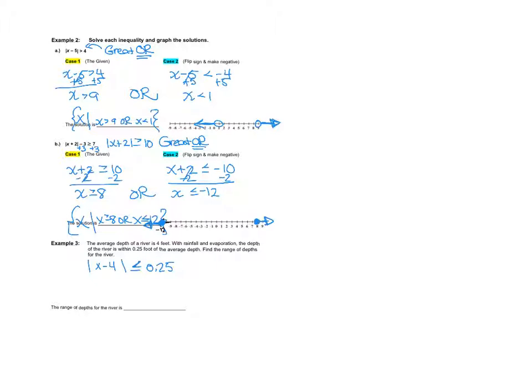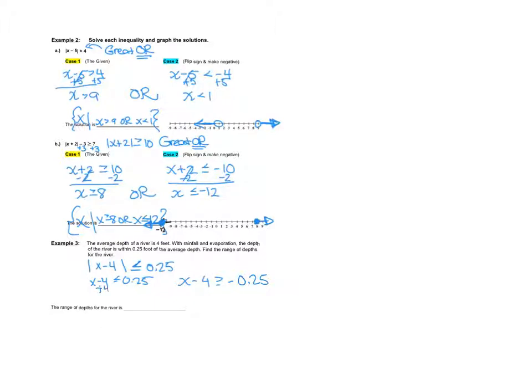Okay, and we can write our two statements, and this might make more sense when we do this, our two cases. So x minus 4 is less than or equal to 0.25, and x minus 4 is greater than or equal to negative 0.25. So I changed the inequality sign and the sign of the number.